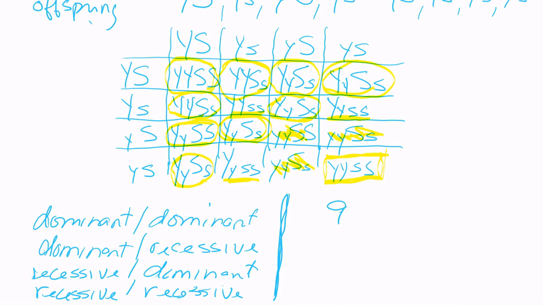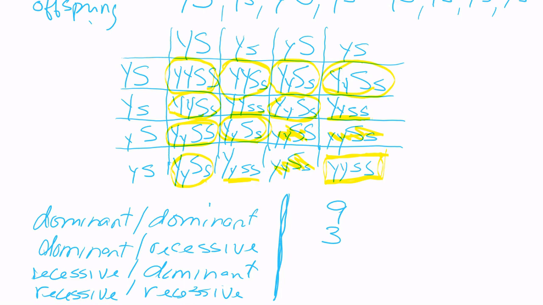We end up with 1, 2, and 3 that are dominant recessive.